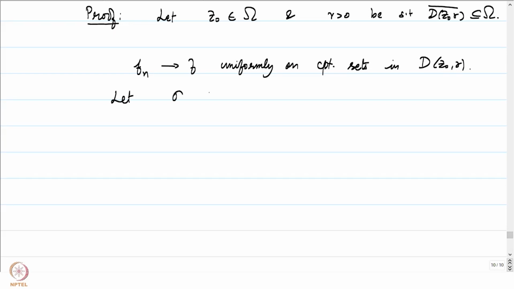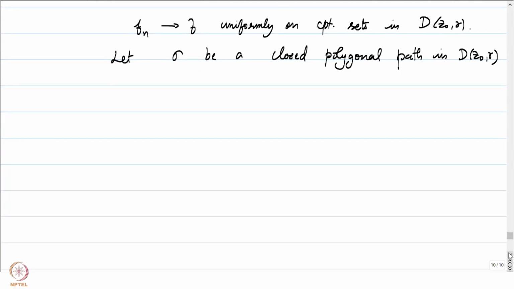Let sigma be a closed polygonal path in dz0r. In particular, the image of sigma is a compact set, and on the image of sigma, fn converges to f uniformly. Let me just abuse notation and say that sigma is compact. What I mean is that the image is compact, fn converges to f uniformly on sigma.